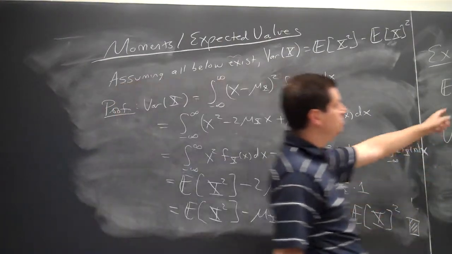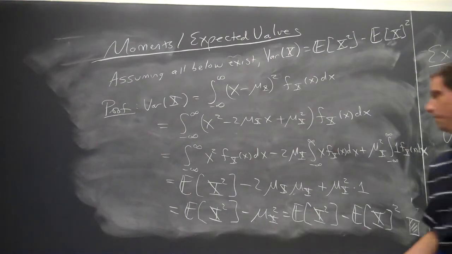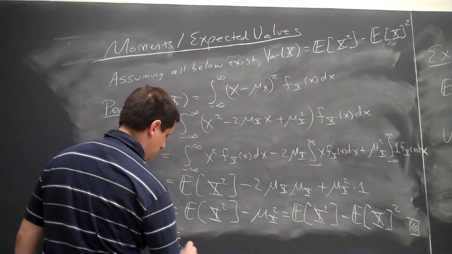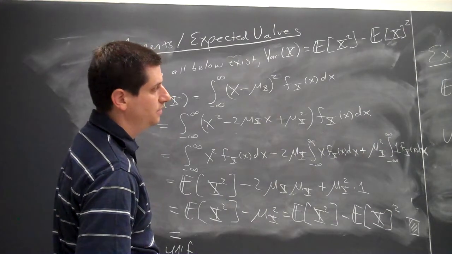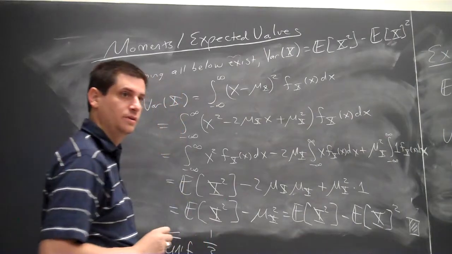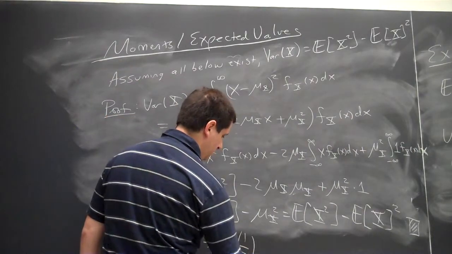And so over here, for this problem, I calculated for all k very easily as 1 over k plus 1. So for the uniform, the second moment would be 1/3, right? And then I subtract off the square of the mean.